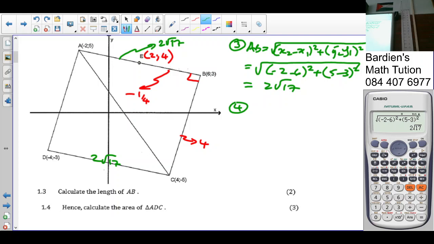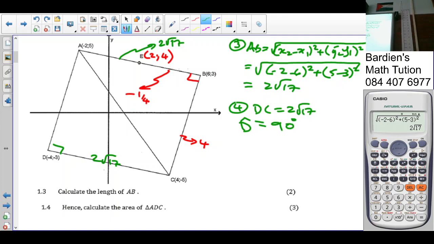Not so? DC is 2 root 17. What's the reason? Opposite sides in a parallelogram are equal. Angle D is 90 degrees. Why? Opposite angles in a parallelogram are equal.